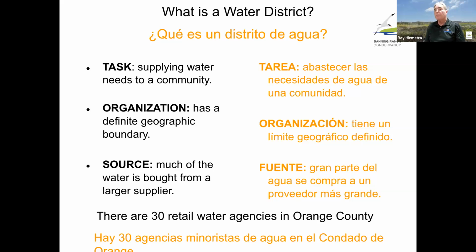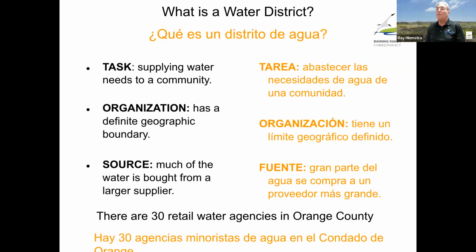And then the source is where the water comes from. As I mentioned, we get 50% of our water from imported water, and the other is from groundwater. But there's 30 water agencies in Orange County that sell water directly to customers. And each one of those agencies has a board of directors.